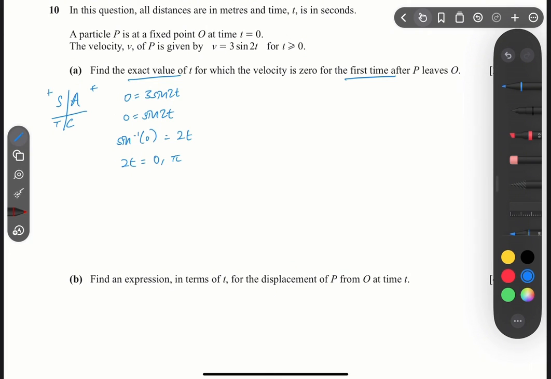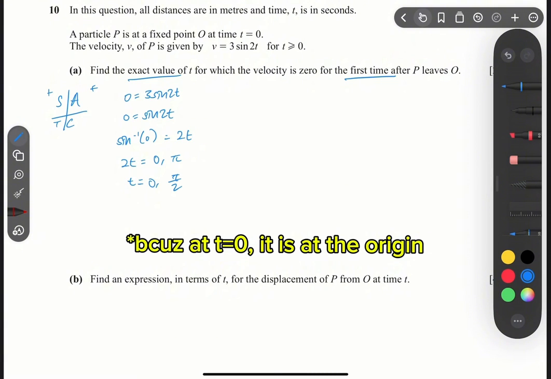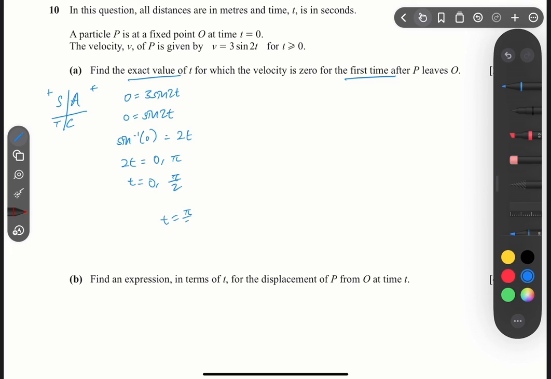And the pi you would get from pi minus the base angle, which is 0. So it's just pi. And since the question wants the exact value for which the velocity is 0 for the first time after it leaves the origin, it cannot be t equals 0. So the answer is t equals pi over 2.